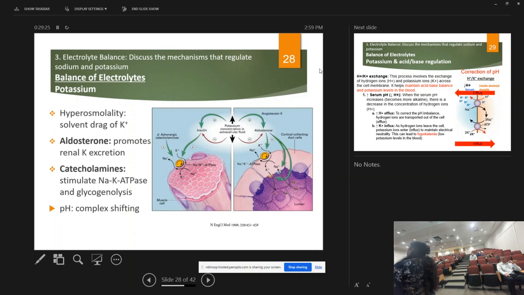So this potassium is brought into the cell, and because 2 potassium are coming in, 3 sodium will leave. So you're dragging the potassium into the cell. Through this pathway in the collecting duct cells, they will correct for potassium.